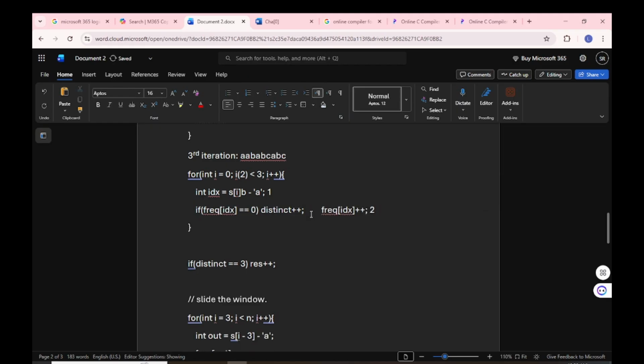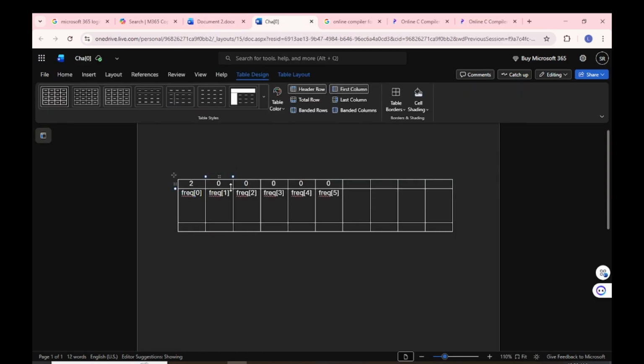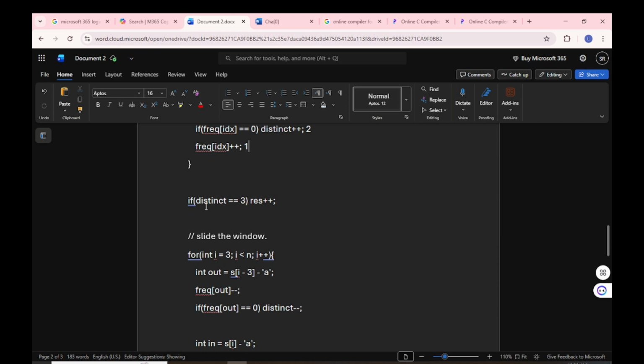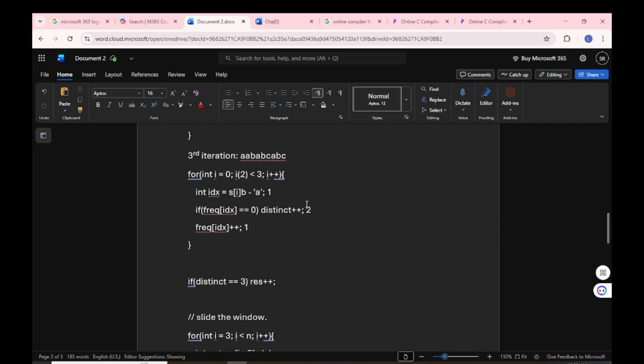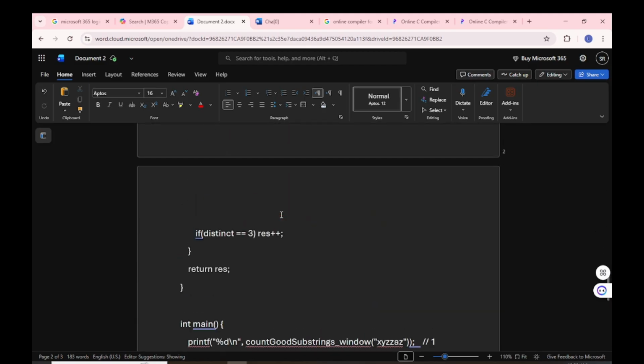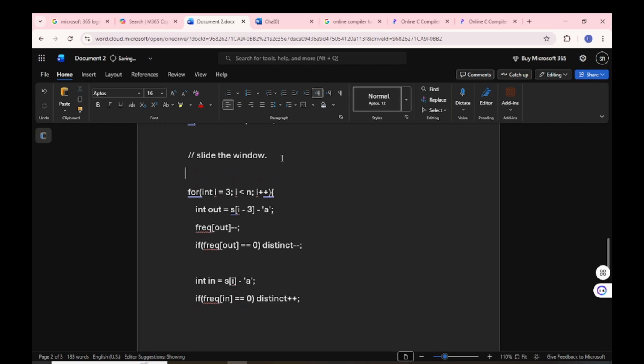So distinct would be 2, and frequency idx 1. So we need to provide here 1, right? So if distinct is 3, then res plus plus. As our distinct is not 3 here, res will not increase. Now we'll have to do this and slide the window.